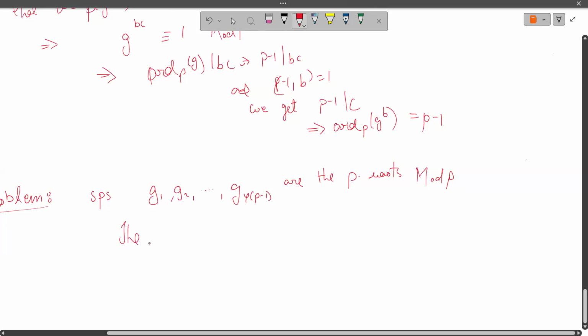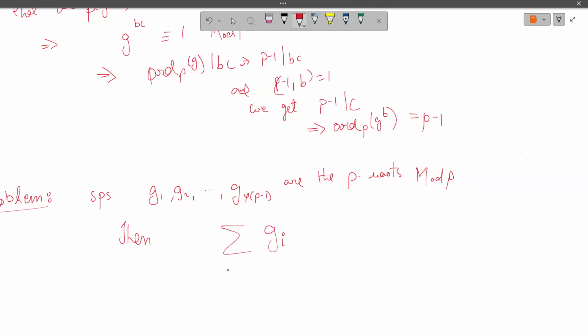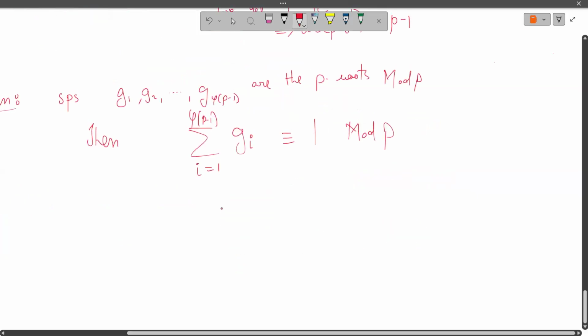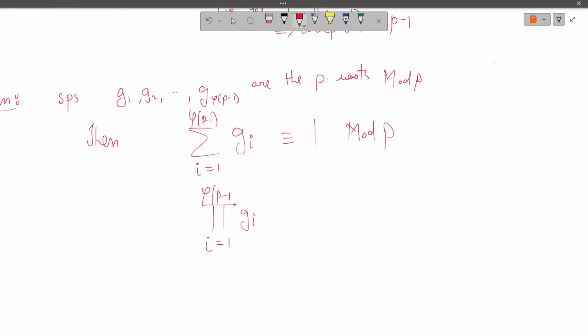Then the summation of g_i, i equaling 1 to phi(p-1), is congruent to mu(p-1) mod p, while the product of g_i, i from 1 to phi(p-1), is congruent to 1 mod p.